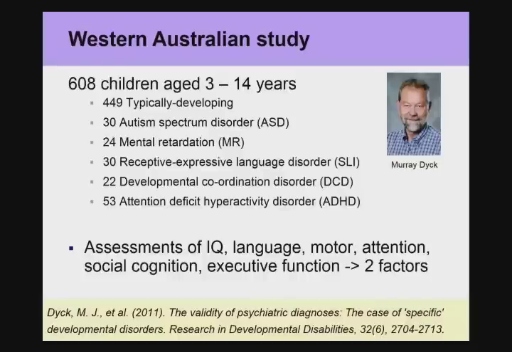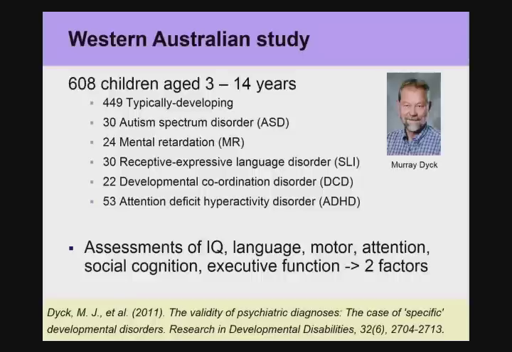So he got a large sample of children who were developing typically, and then also recruited children with a whole range of disorders: autistic spectrum disorder, what he referred to as mental retardation, which we would understand here as learning disability, language disorders, developmental coordination disorder, and ADHD.